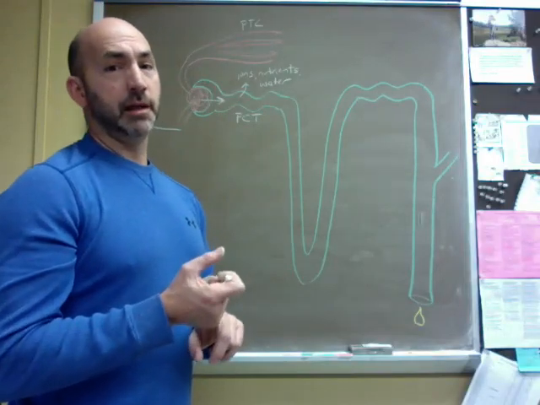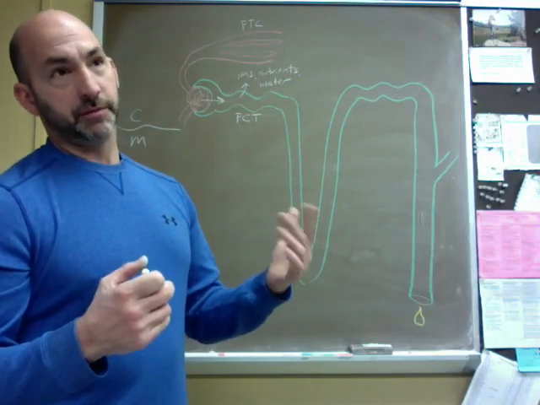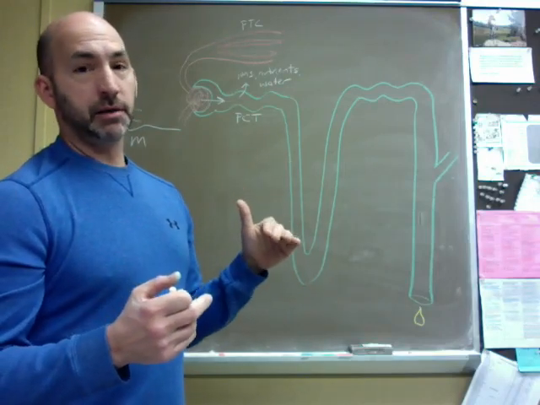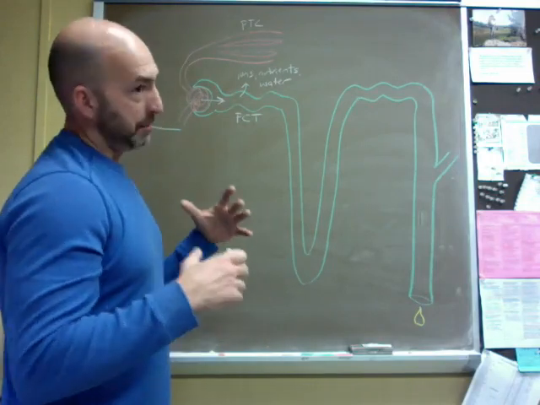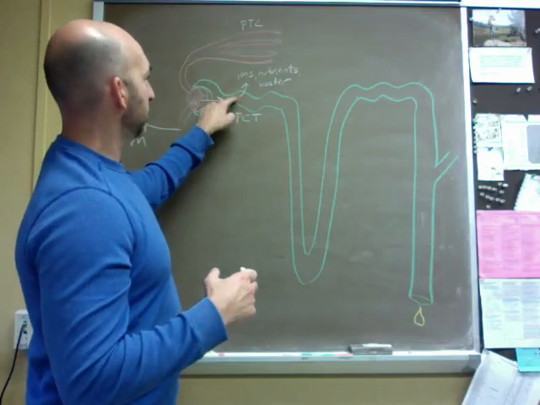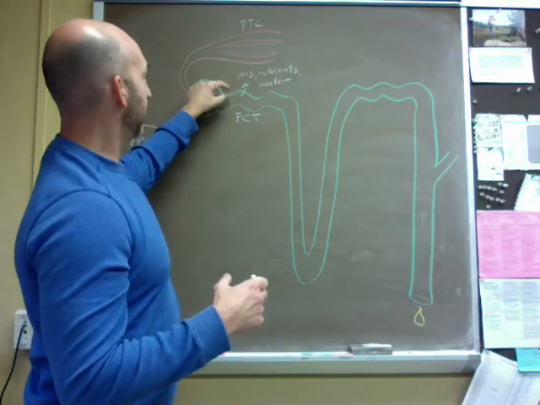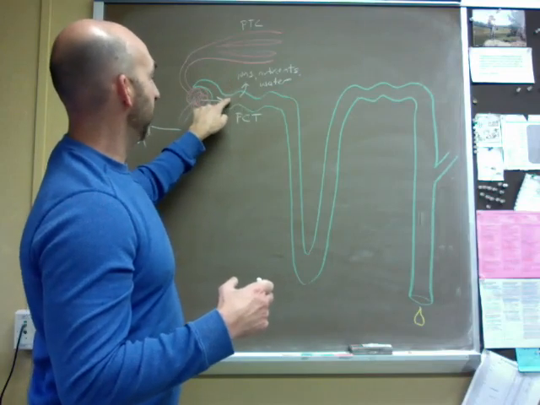The exception to that is in an untreated diabetic, when certain blood nutrients, specifically glucose, but could be others as well, rise to levels that exceed the transport maximum. Remember, the transport maximum is the maximum rate of transport of a solute, which becomes exceeded by the amount of solute that's being delivered to the nephron.